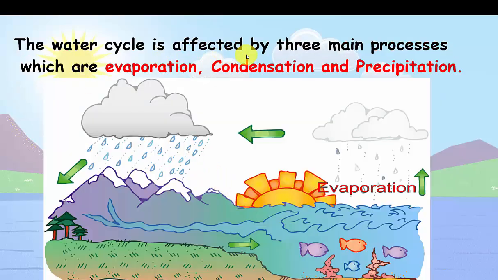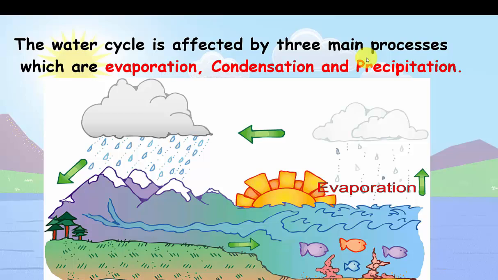The water cycle is affected by three main processes, which are evaporation, condensation, and precipitation. When the sun rays fall on the water, it transfers it to water vapor. Transferring water from liquid state to vapor state, we call it evaporation. When it transfers from vapor state to water state, we call it condensation.